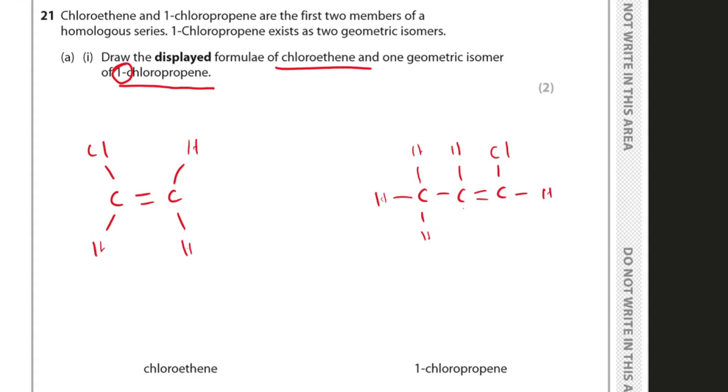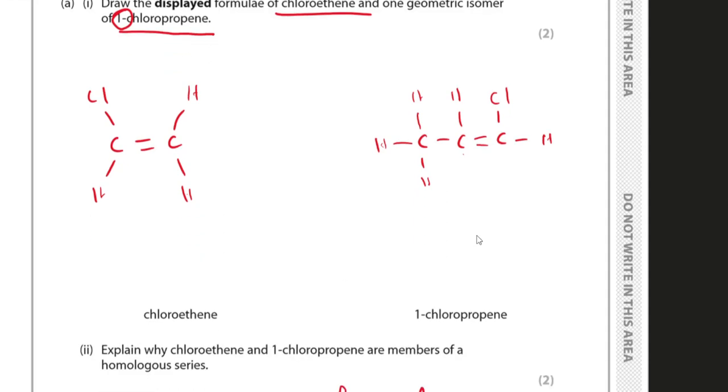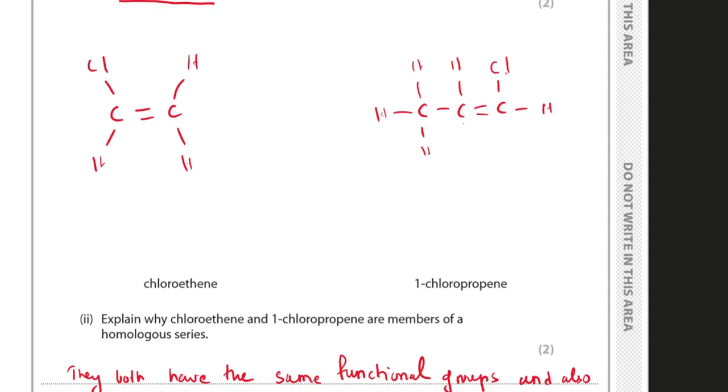So in one way we can say that the atoms which are connected to the carbon to carbon double bond in 1-chloropropene can exist on both sides in different forms. That is why it has the ability to have geometric isomers as compared to its counterpart down here, chloroethene.